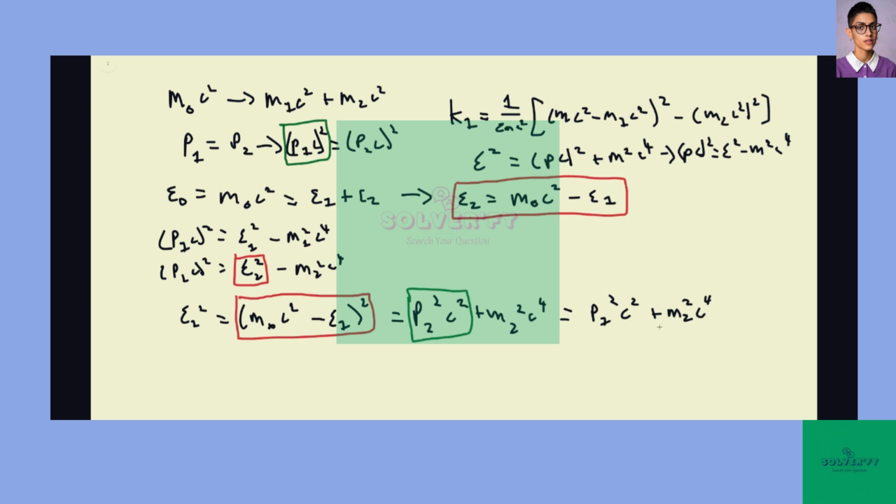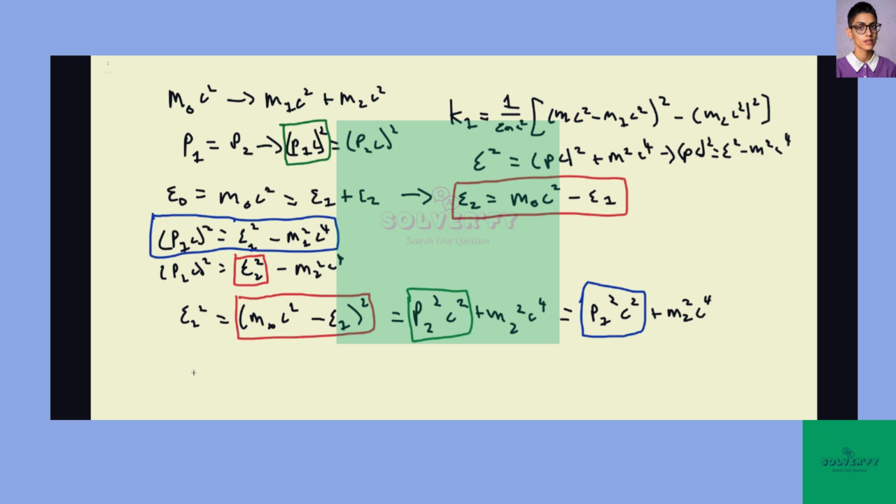Now, also, from, let's see, I'm going to change colors. I haven't used blue yet. From this relation, we can plug in this expression. Okay, switch back to black.